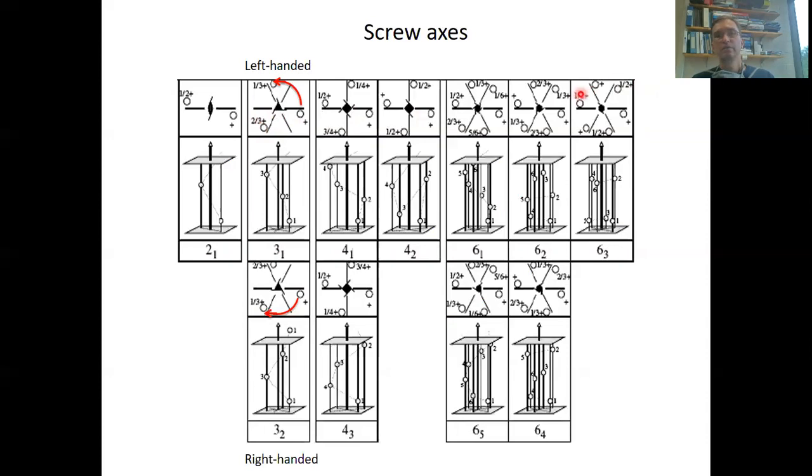Yeah, Tom. So if I'm looking at this right, is a 3-1 rotated 1/3, and a right-handed 3-2 rotated 2/3, the same thing? And if so, why do we need both notations? Because the symmetry operations are not identical.